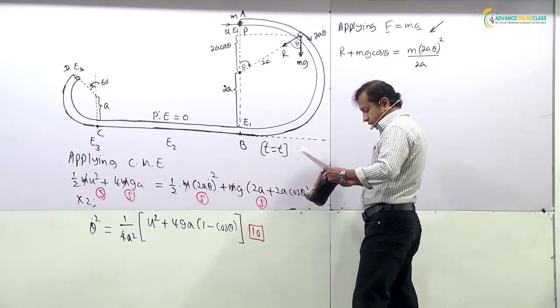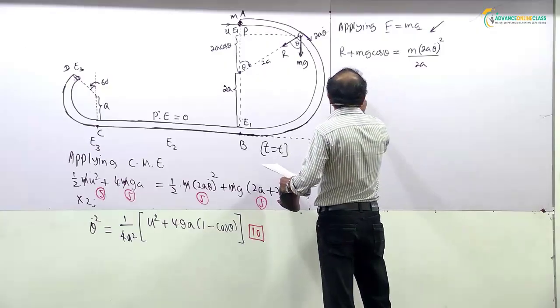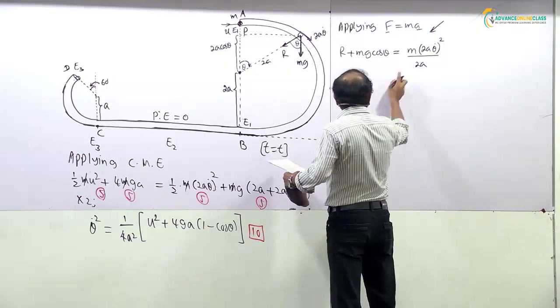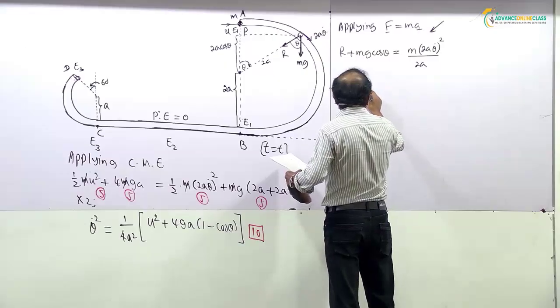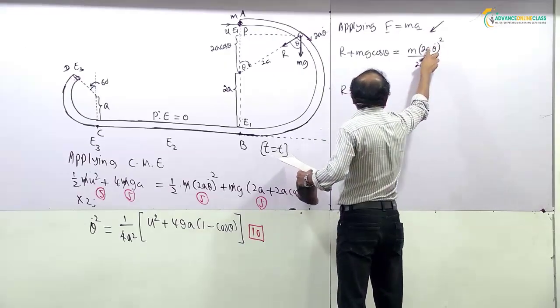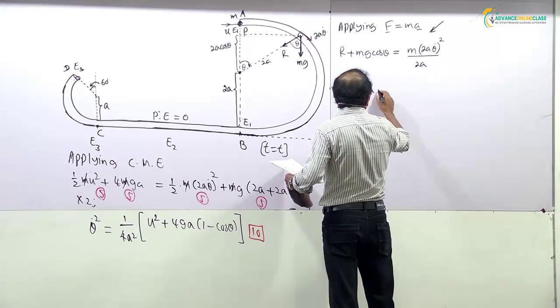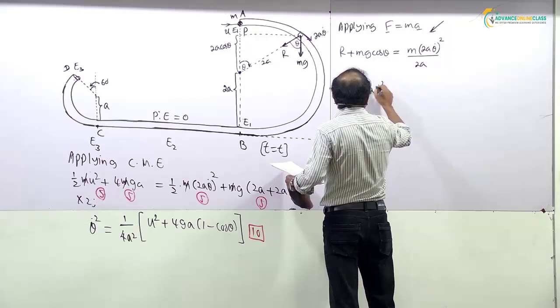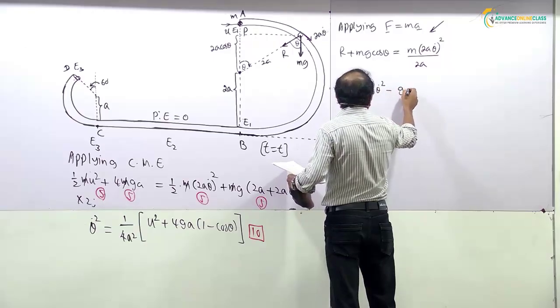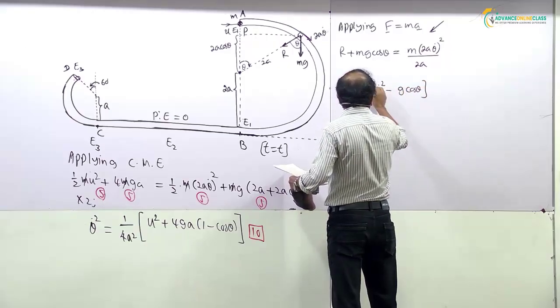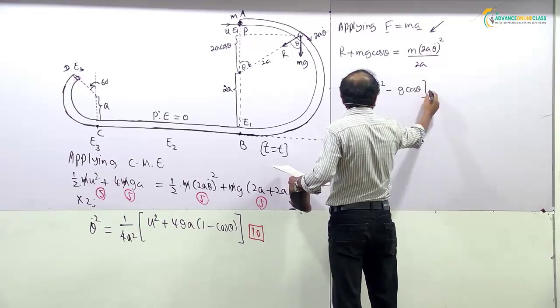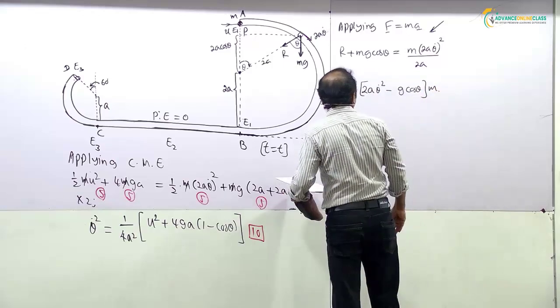Okay. Then we'll make R the subject. Then we get, here 2 squared is 4, 4 divided by 2 is 2. So R equals m times 2a theta dot squared minus g cos theta. I took m out.